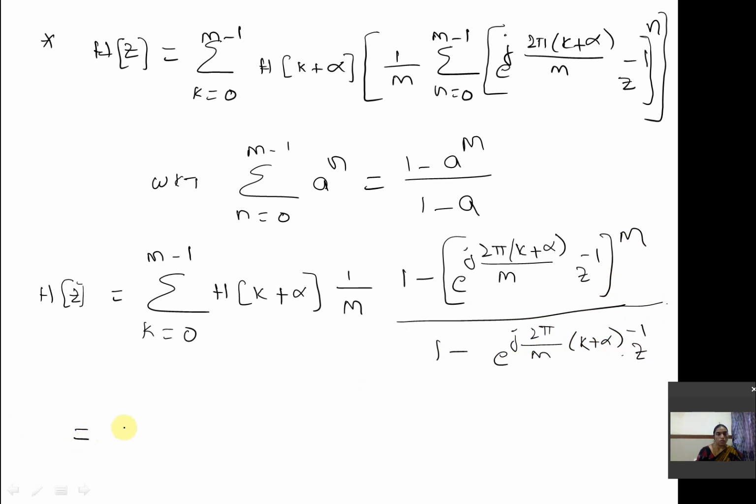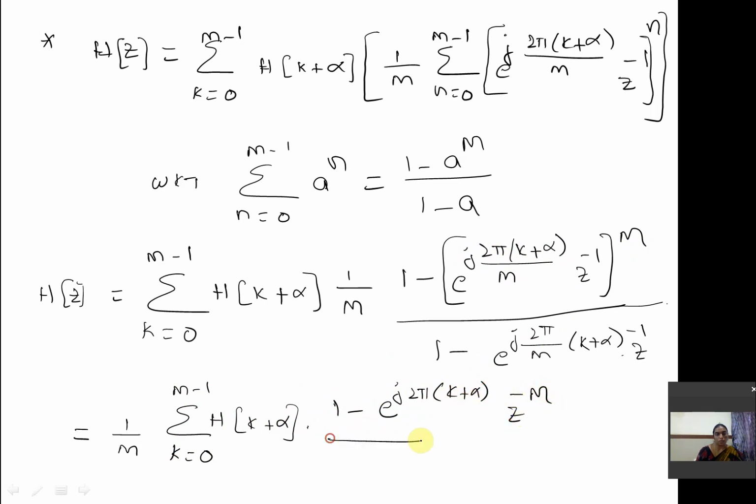Okay, now this is equal to, so take the common, 1/M summation k=0 to M-1 of h(k+alpha) into, so here 1 minus e^(j2π(k+alpha)/M × M), M means we can get like this, e^(j2π(k+alpha)), M gets cancelled, this is z^-M, divided by 1 minus e^(j2π/M (k+alpha)) z^-1.